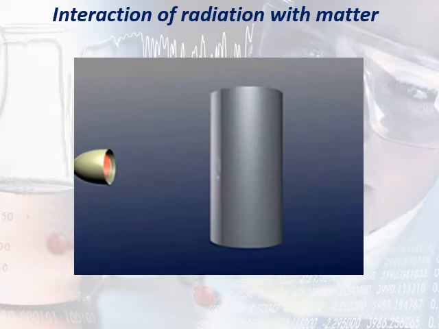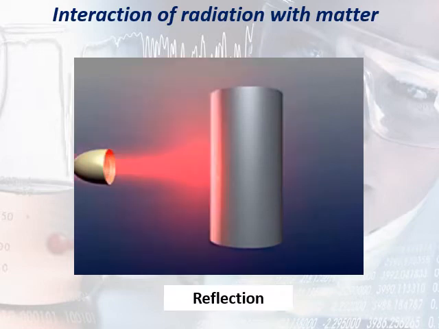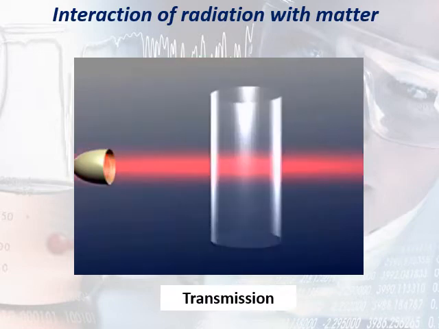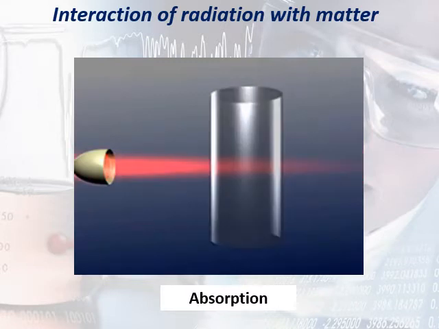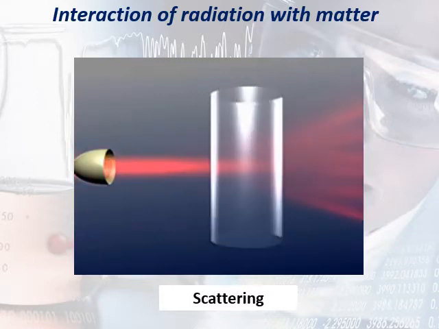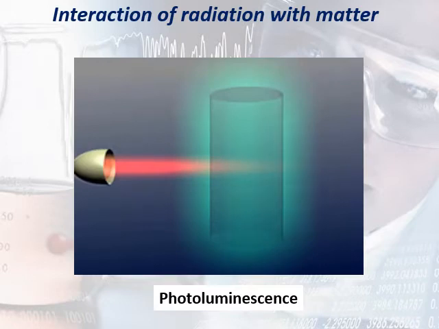The following phenomena can occur when electromagnetic radiation interacts with matter: reflection, transmission, absorption, scattering, photoluminescence.